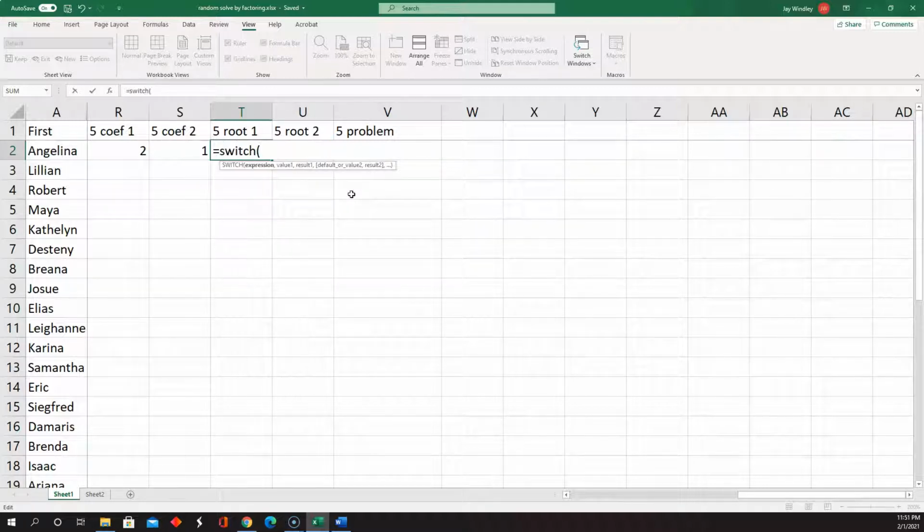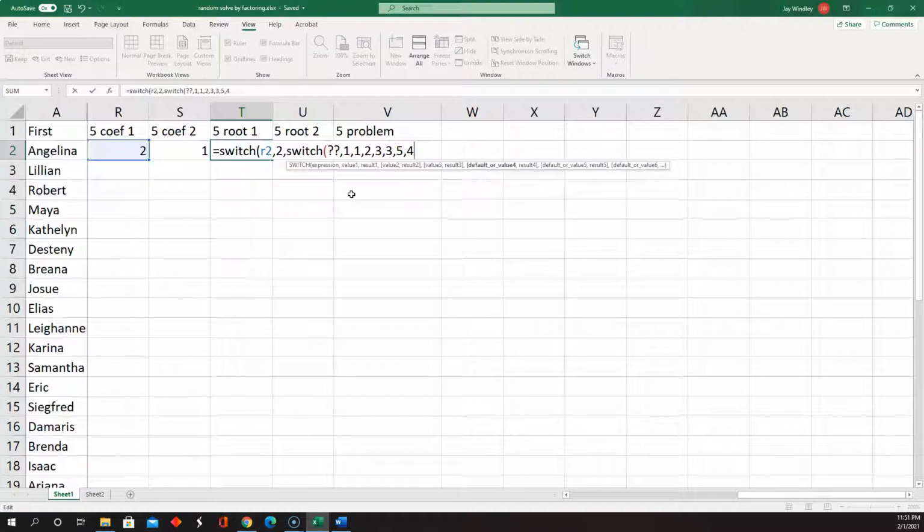So I'm going to do my first switch based on the coefficient in R2. And if that is a 2, then what I want to return is a switch. I'm going to put a question mark here first. A switch where my first possible number is a 1, my second possible number is a 3, my third possible number is a 5, my fourth possible number is a 7, my fifth possible number is a 9.